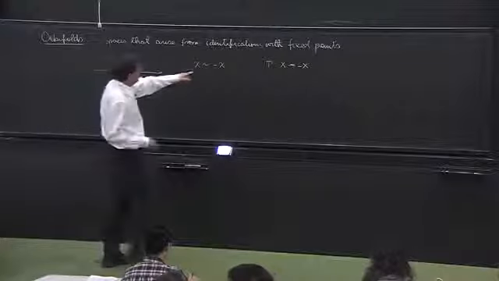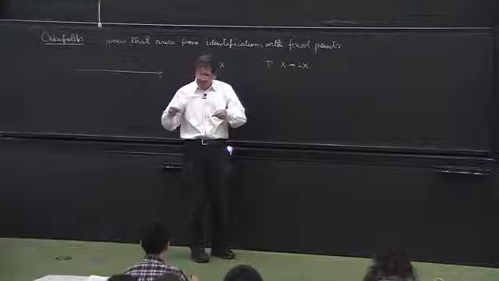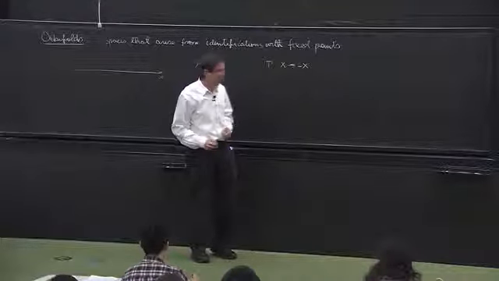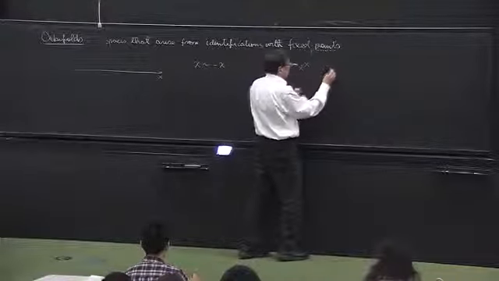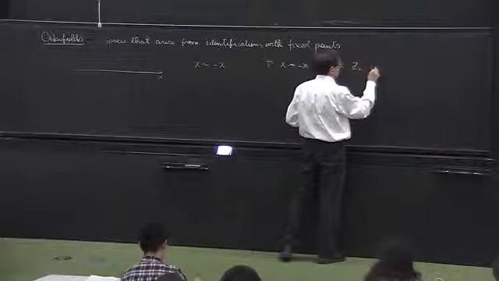Now this transformation, because acting twice on it gives the same point that you started with, is called a Z2 transformation.